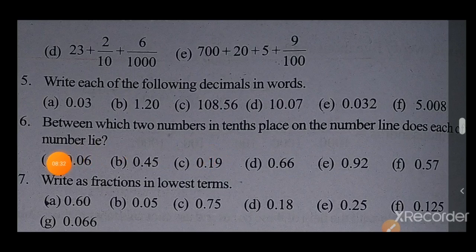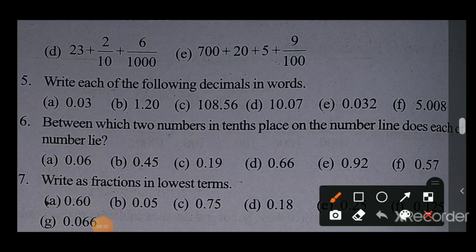All the given numbers lie. So the part A, it is 0.06, and we are searching this number on the number line, in between which two numbers this given number lies. So first we draw the number line. First number is 0.06.